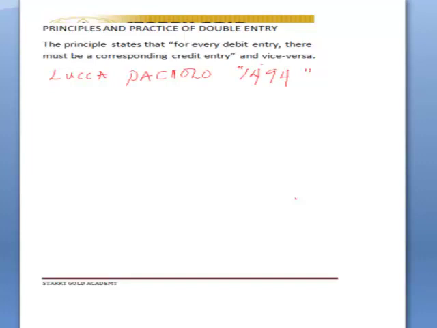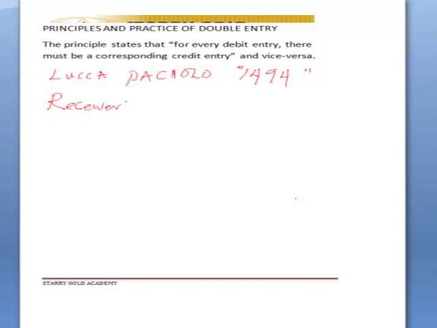So the first thing we must do is identify the parties to every transaction. Since there are two parties, we must have the person that is receiving. A party must be a receiver.